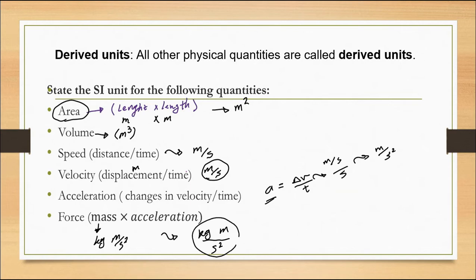And all of that is called Newton. Capital N, because it's the name of a scientist. Or you can write it as newton, with small n, because we're talking about the unit newton.